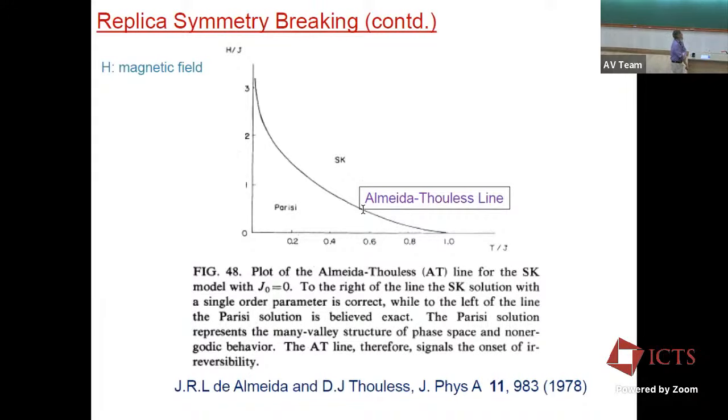Later on, when we talk about whether this kind of phase diagram is applicable to short-range systems or not, many people claim that as soon as we apply a magnetic field, there cannot be any phase transition anymore. There is no Almeida-Thouless line. Whereas this kind of replica symmetry breaking transition will predict that even in the presence of a magnetic field, there can be a transition from a high temperature trivial phase to a low temperature complex phase.